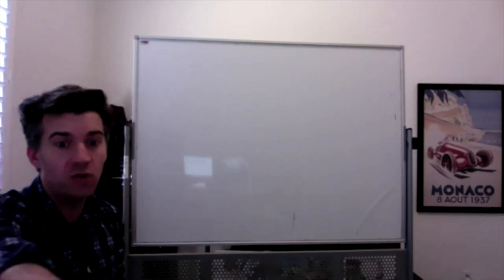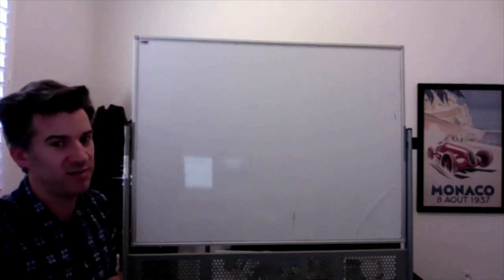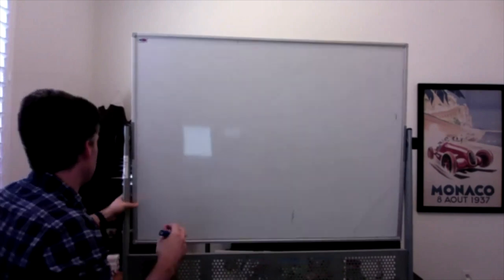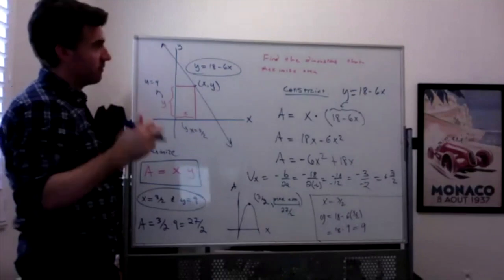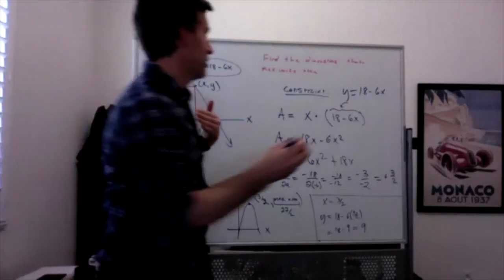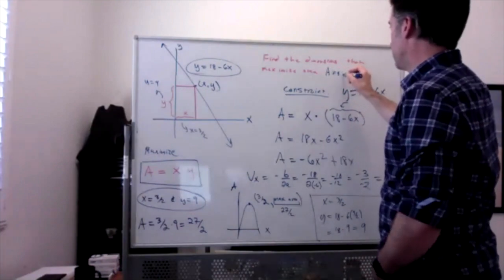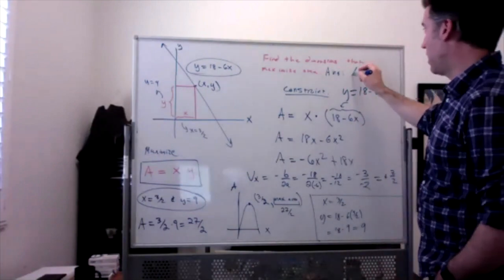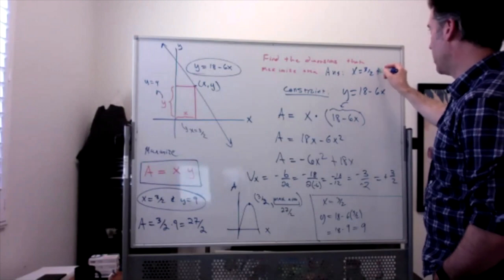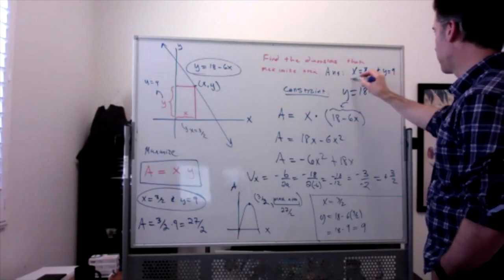So good question, Jonathan. So the answer is just 3/2 times 9. Well, not exactly. The question was, find the dimensions to maximize the area. So the answer is really that the dimensions are x equals 3/2 and y equals 9.